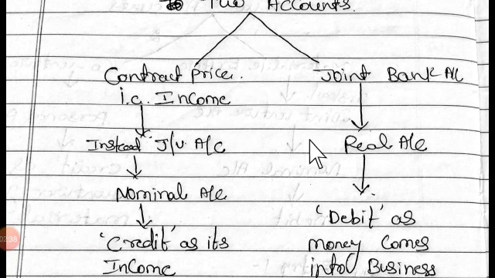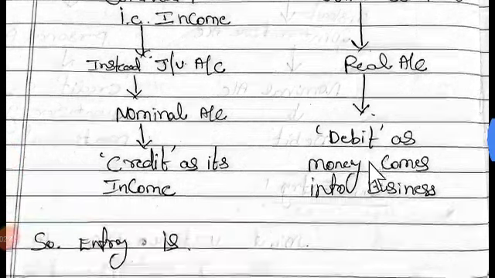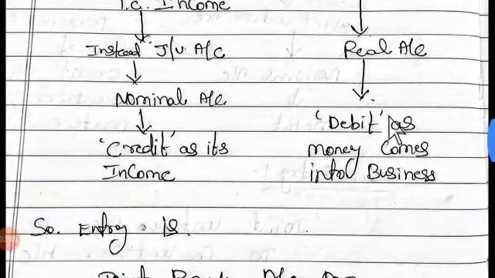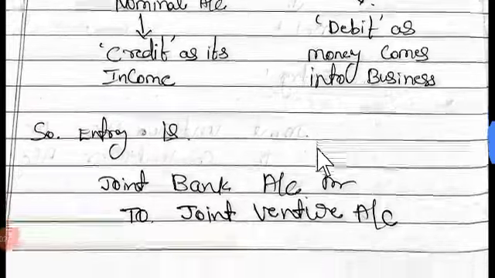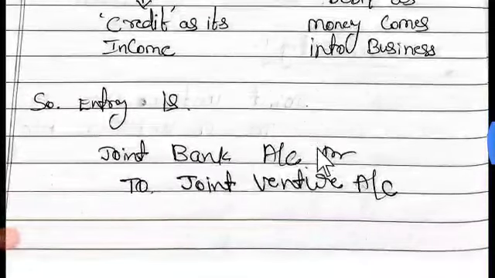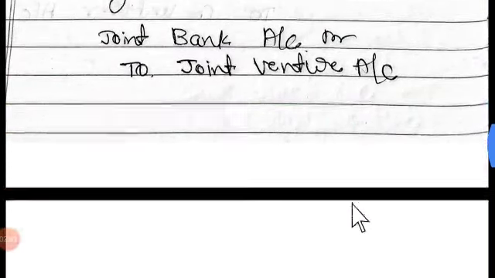The joint bank receives the amount, as it is a real account, so we debit it. The concluded entry for this is: bank account debit to joint venture account.